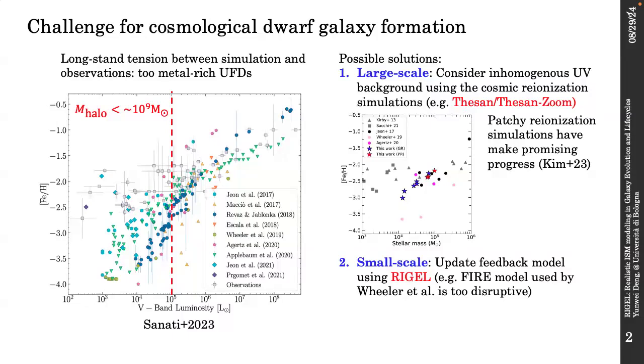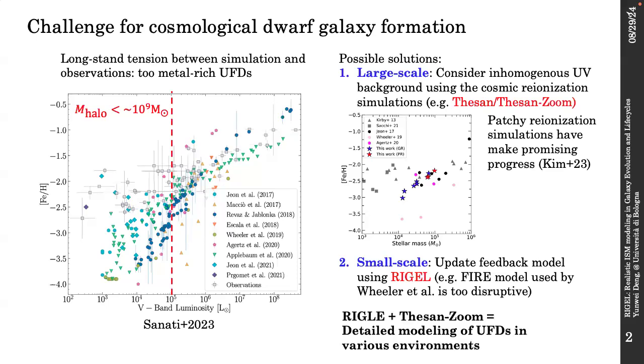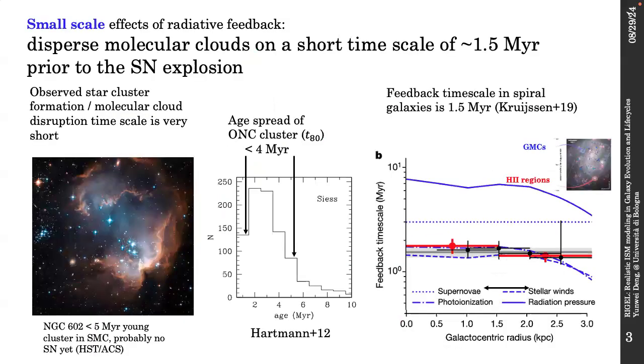So today I will focus more on the performance of my RIGEL model in non-cosmological simulations. Firstly, I will try to use this slide to convince you that on small scale, radiative feedback from stars is important. Consider this example: observations of very young clusters like NGC 602 reveal a very rapid disruption of its natal GMC. Such a rapid disruption cannot be attributed to supernova feedback because this cluster is too young to have any dead star.